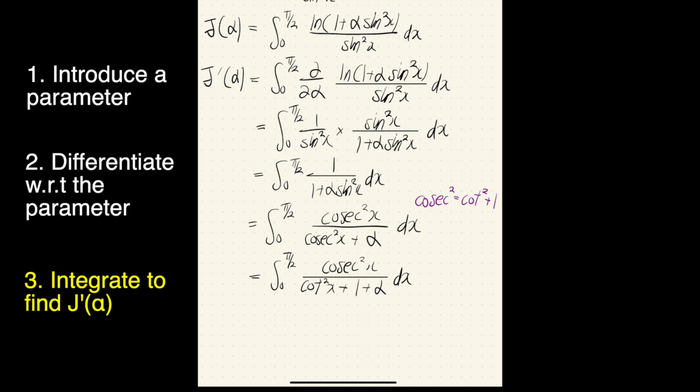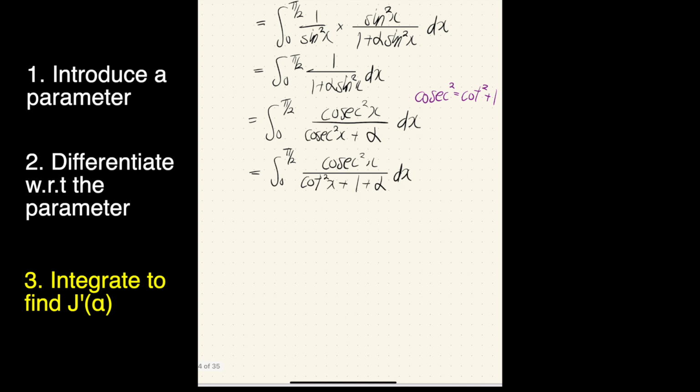dx. And here we can introduce a u substitution to simplify the integral. So we will let u is equal to cotangent of x and du is equal to minus cosecant squared of x dx. And the limits of integration change from infinity to 0 instead. So we have the integral from infinity to 0 of minus 1 over u squared plus 1 plus alpha du.